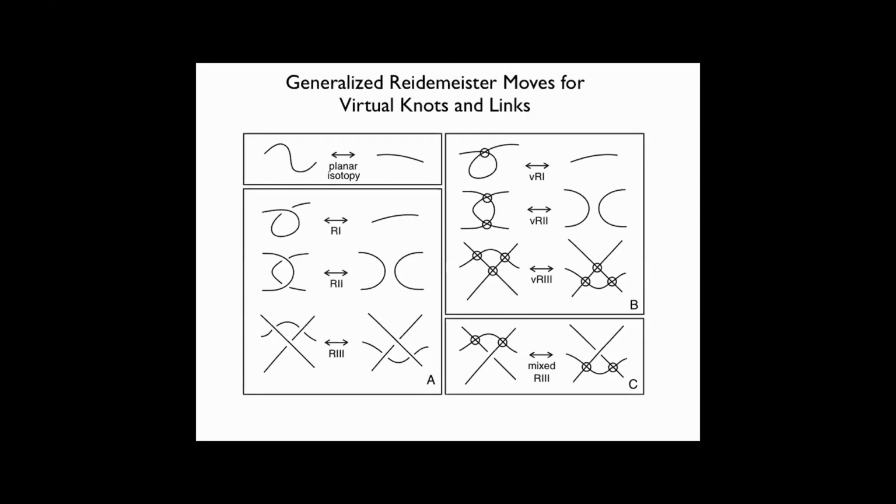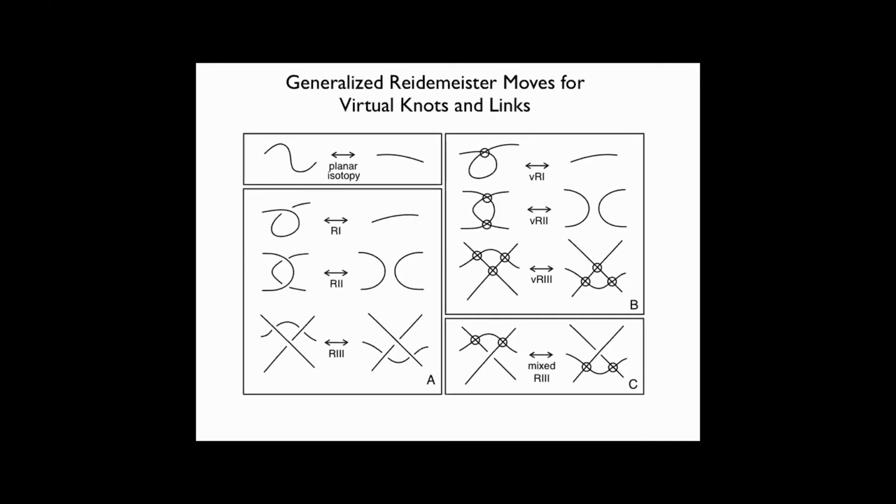Every one of them can be redescribed as, I cut out 2 consecutive virtual crossings in the case of the 2 move and redrew it without any virtual crossings. I cut out 2 consecutive virtual crossings in the case of the 3 move, and I put it down there below that other crossing. And similarly for the mixed move.